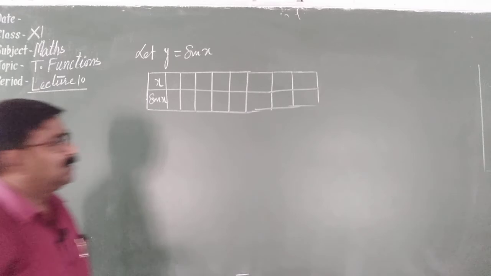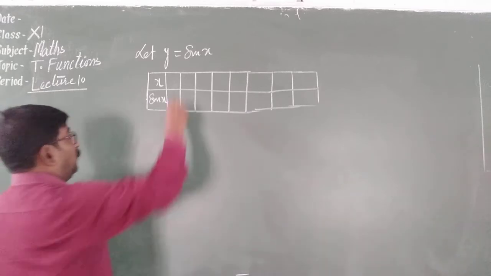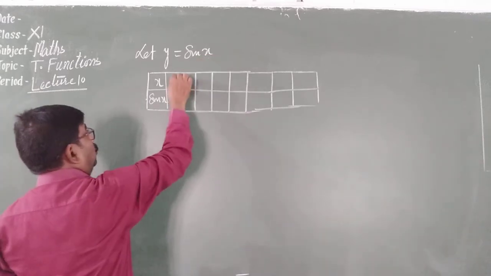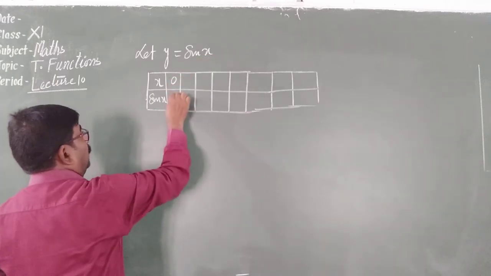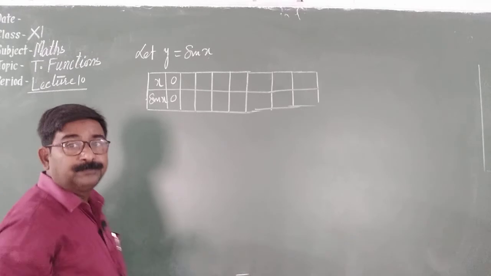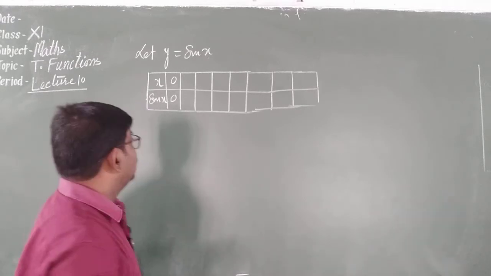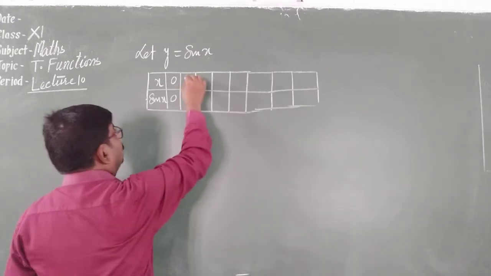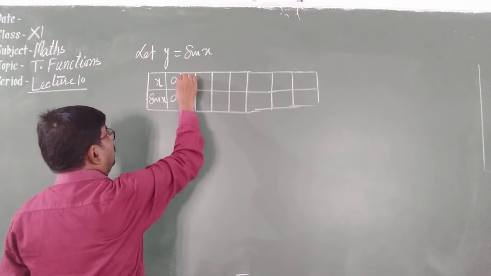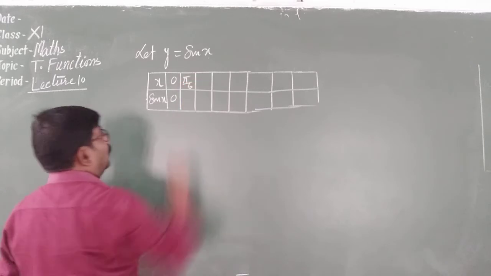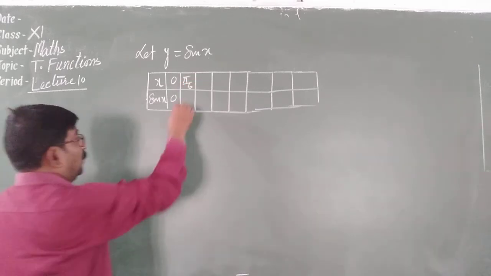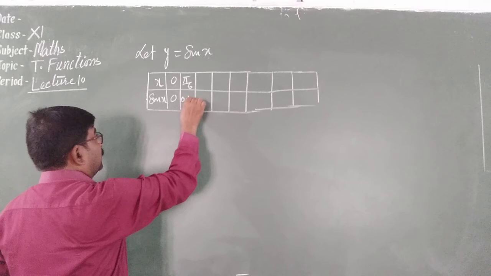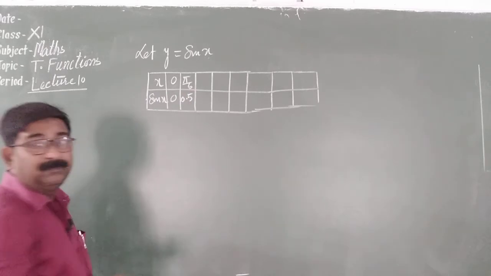Let's start with 0. If x is 0, sin 0 is 0. Sin 30 degree, that is pi by 6, has value 1 upon 2, that is 0.5.